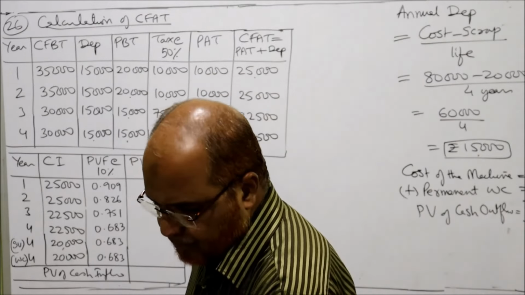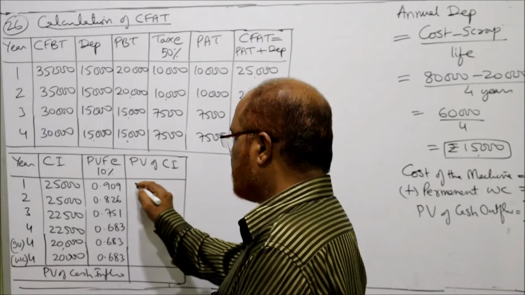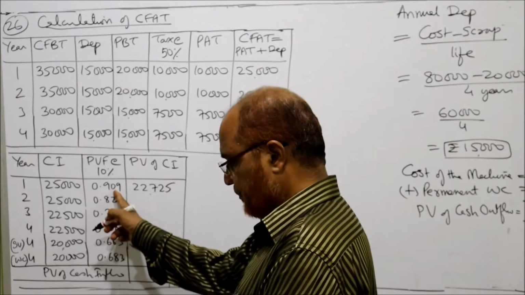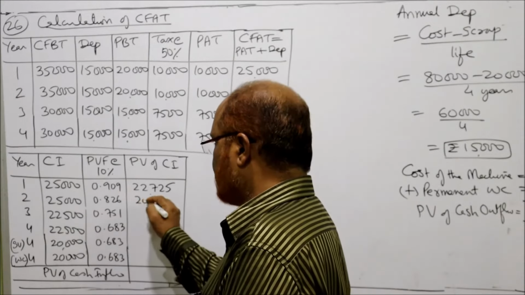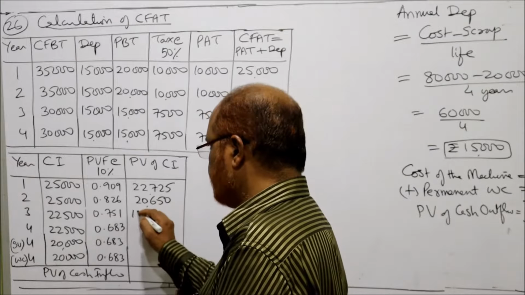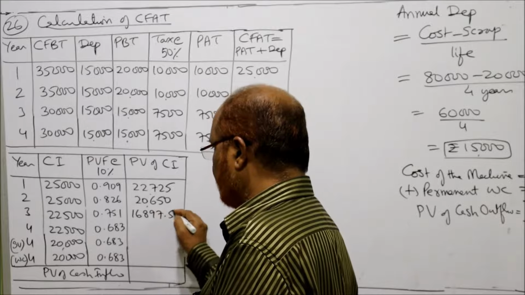Now multiply. 25,000 into 0.909, you will get 22,725. Multiply. Then 20,650. Then you will get 16,897.5.